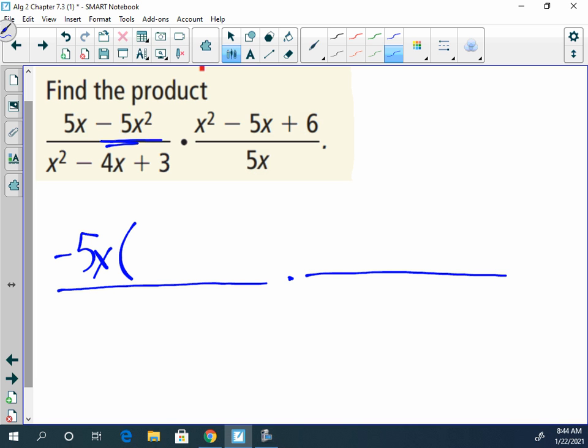So 5x out of 5x would give us 1, yes? But because I pulled a negative out, it's going to be negative 1. We'll rewrite it later with those flipped. But we can write this as it here now. Well, the 5x squared, the negative is going to give us positive x.